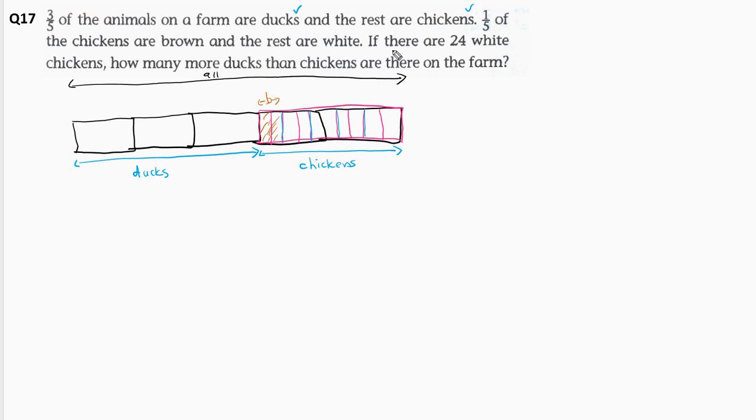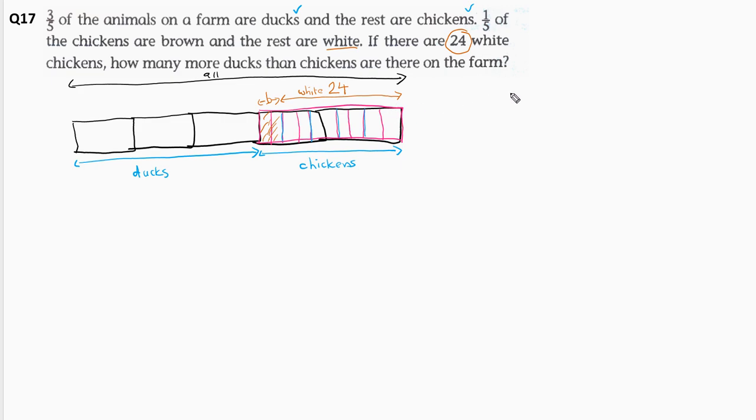And what does that tell us? Well, it says that the rest are white. And it also then gives us a number, 24 white chickens. So that means all of these chickens are white, and there are 24 of them. So we now have a value that we can attribute to these equal parts. So how many equal parts have we got? 1, 2, 3, 4, 5, 6, 7, 8.